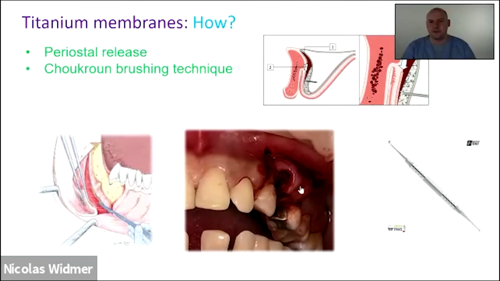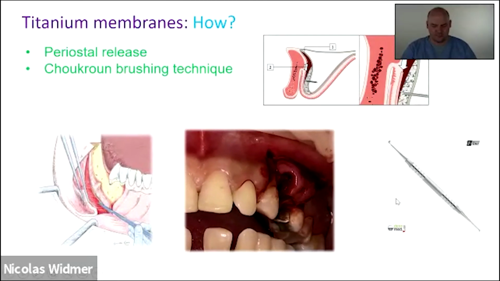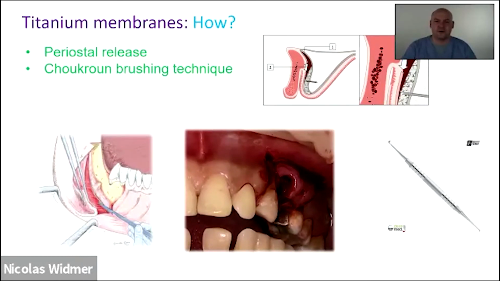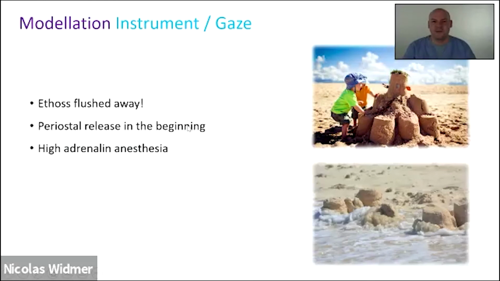Okay, I also tried out the Schukrun brushing technique for not having any bleeding, but personally, it didn't work so well for me. But when you do the releasing and you build up your ethos and then you do the releasing, you may feel like a child doing a sandcastle on the seaside and a wave is flushing away your castle.